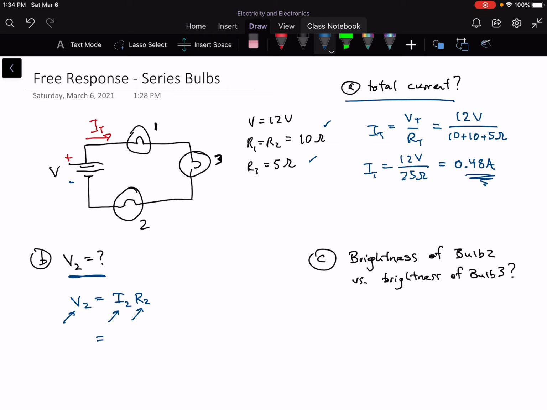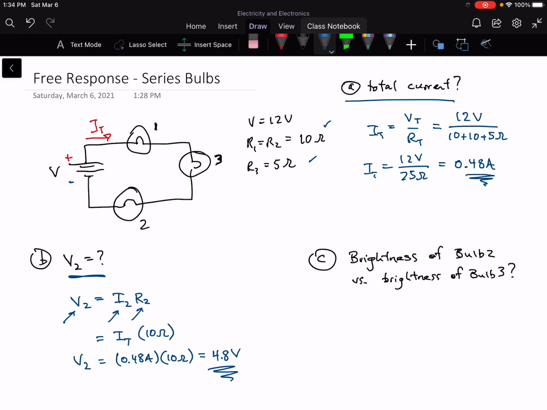However, because the current is the same everywhere in a series circuit like this, we can replace I sub 2 with total current, which we already know. We can replace R sub 2 with 10 ohms, which we get from the statement of the problem. And that means that we have 0.48 amps times 10 ohms, giving us 4.8 volts for the voltage drop across bulb 2.